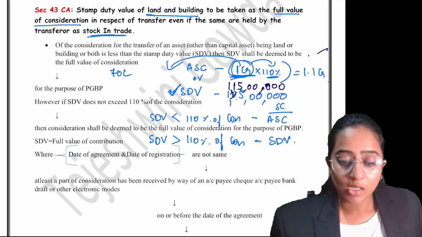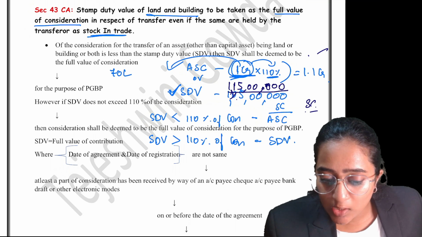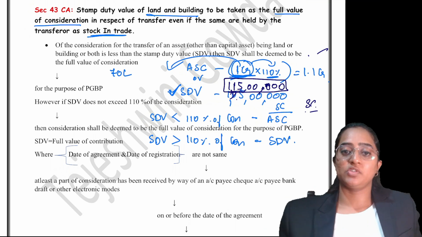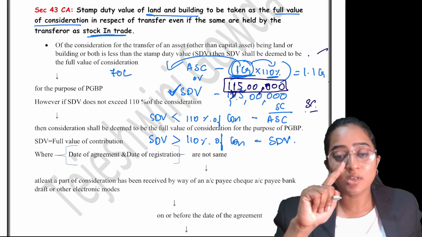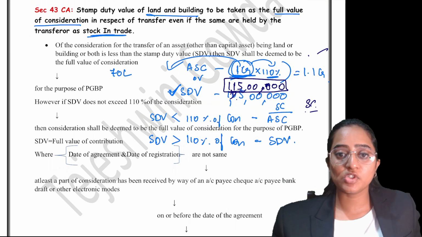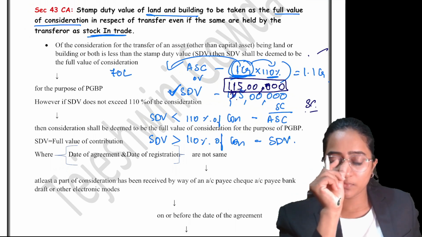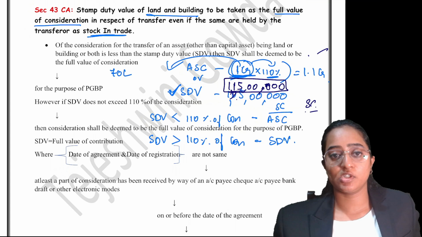You would consider your sale consideration to be your SDV value only, because the provision states that the transaction you have done is beyond the 110% of the consideration.